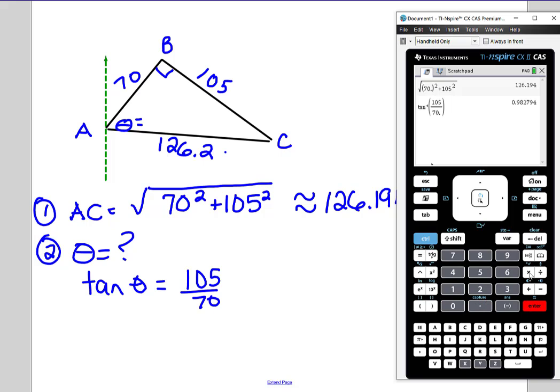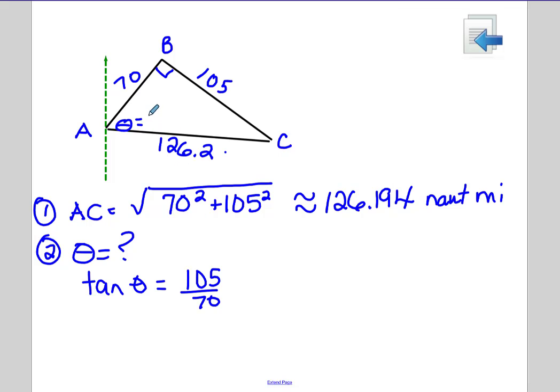And we're going to convert that to a degree. So 0.98 radians times 180 divided by pi is roughly 56.31 degrees. So theta is roughly 56.31 degrees.